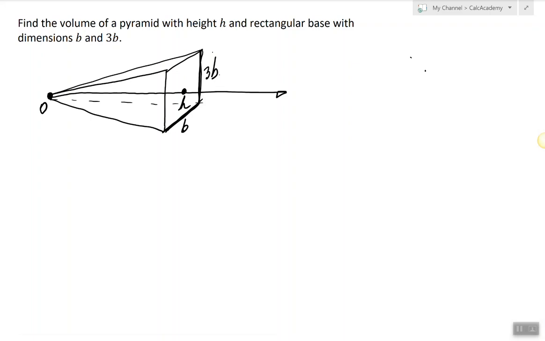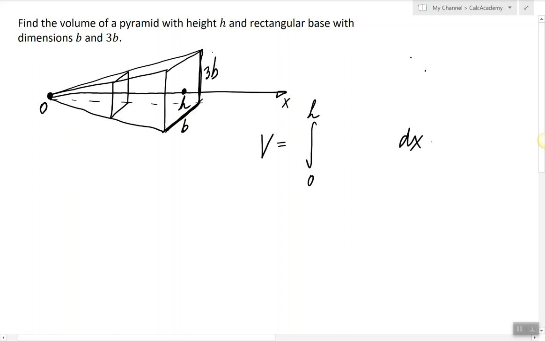Now we're going to consider the cross sections perpendicular to the x-axis. And the idea again is the volume of this pyramid is equal to the integral from 0 to h.